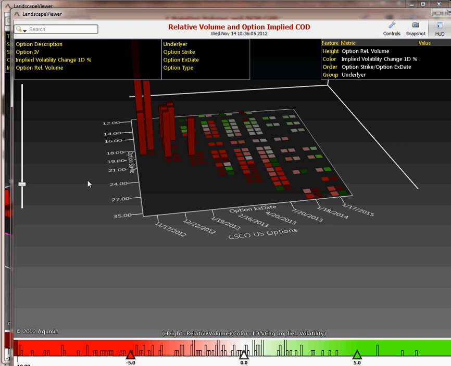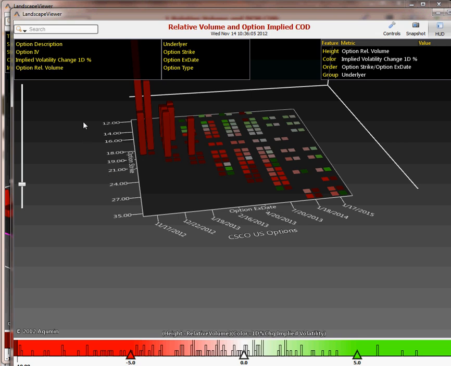The way the relative volume works on an option level is we take a 20-day average of the option volume in a particular stock, divide that by the number of options tradable, so the number of options that are generally within 1 delta and 99 delta, and then we get an average tradable volume for each option.